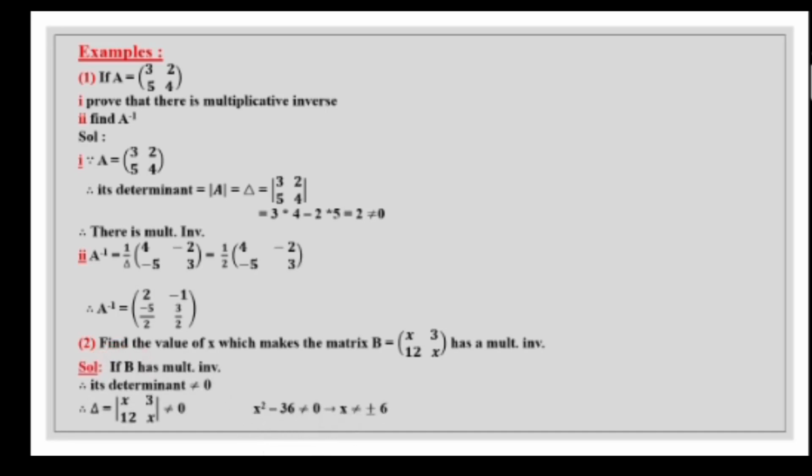So the determinant of the matrix must be different than 0. So delta equals the determinant of x, 3 and 12, x not equal 0. Therefore, x squared minus 36 not equal 0. It means x not equal positive or negative 6.